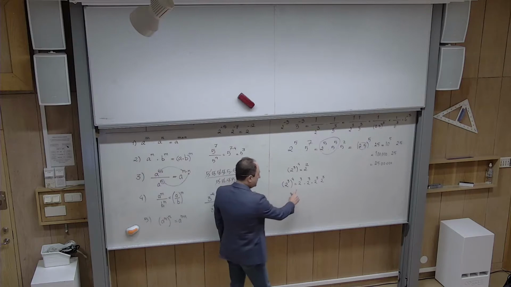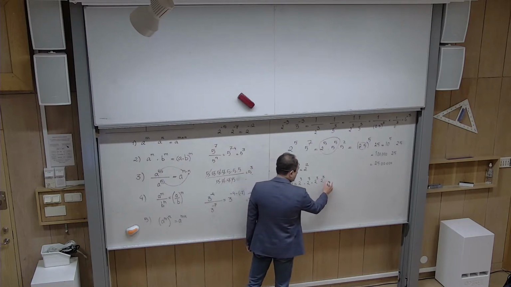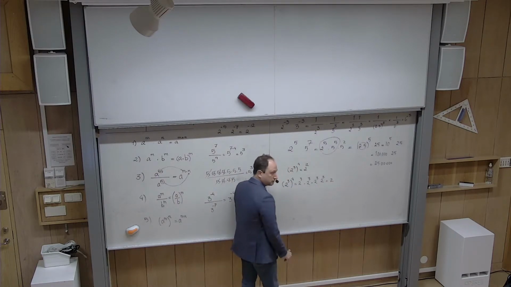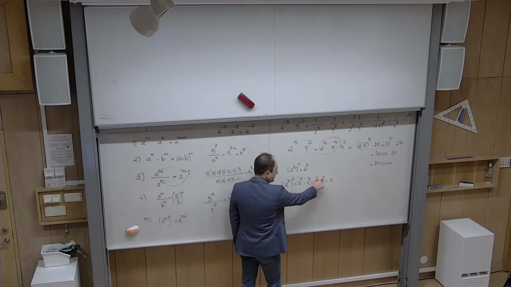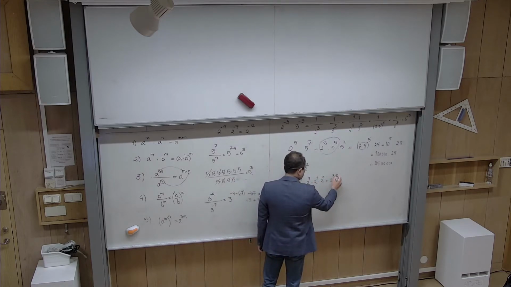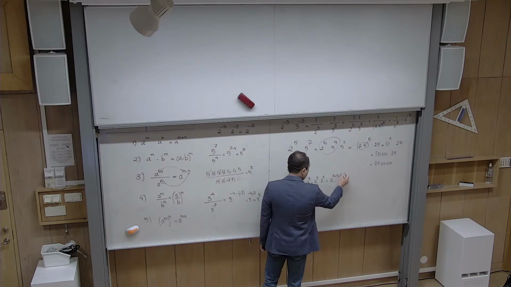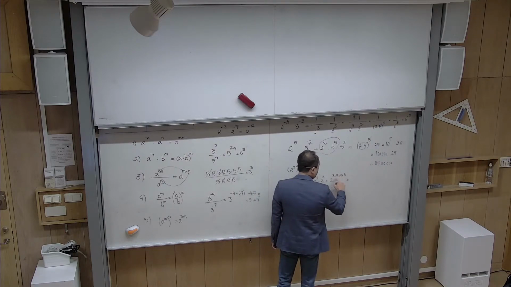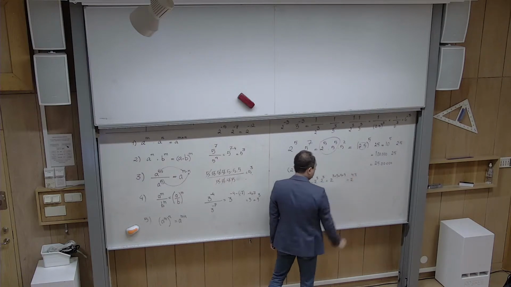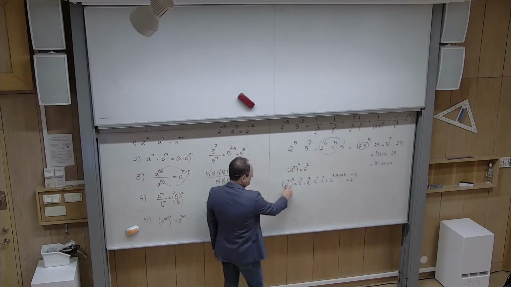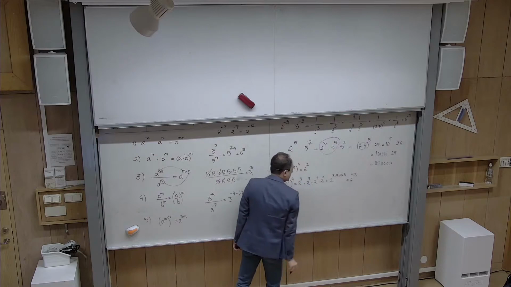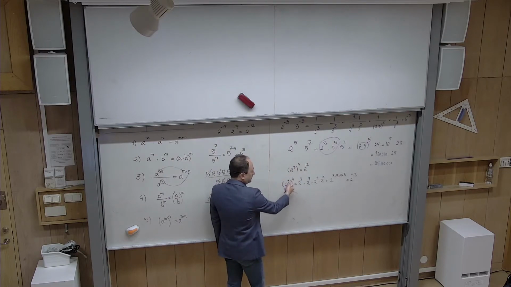But now all the bases are the same, so I can write the same base and start adding the exponents. So this becomes 3 plus 3 plus 3 plus 3. And if you add 3 four times, there is a better way to write it: 4 times 3. Now compare this one with the last one. It is exactly like that. You are multiplying these two.